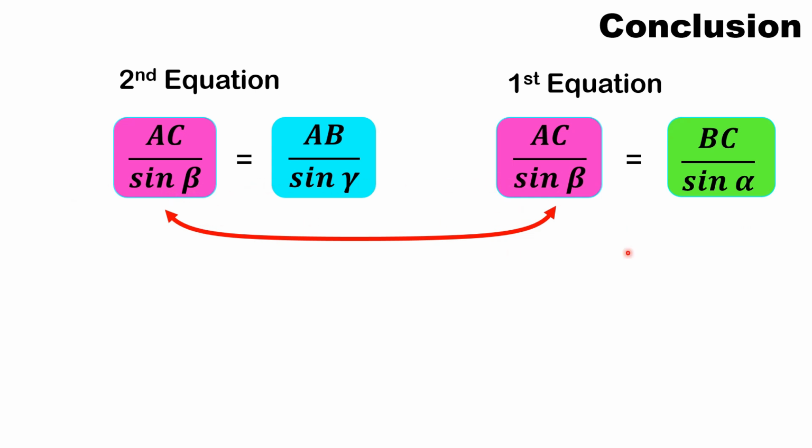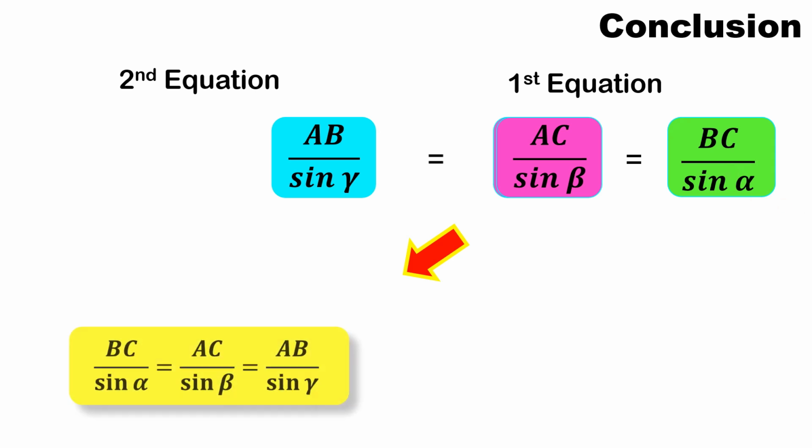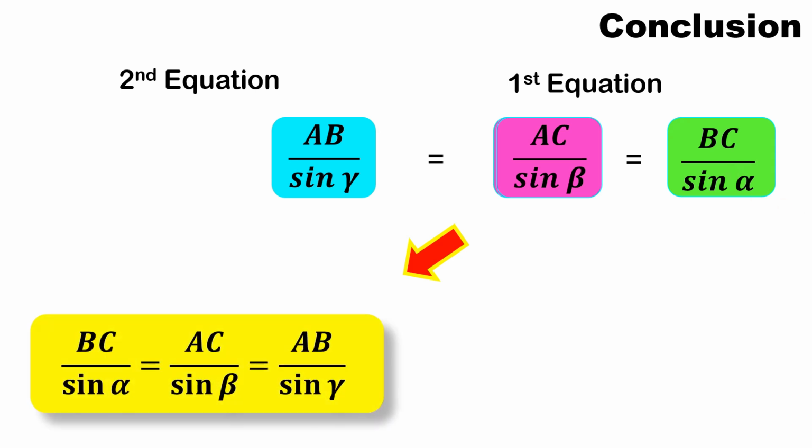Because this part is the same, we can conclude that BC over sine alpha is equal to AC over sine beta and is equal to AB over sine gamma. This is the formula of the law of sines.